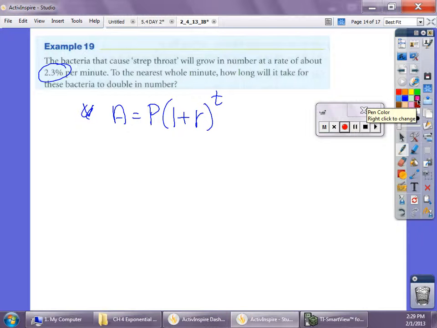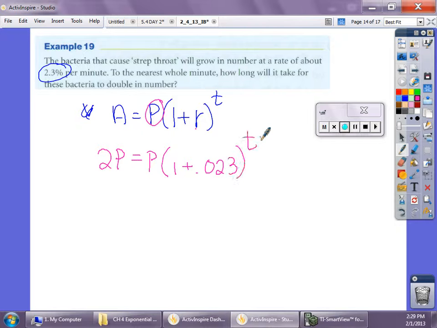In this case, let's call the initial amount P. If the initial amount is P, to double would be 2P. Oh, just kidding, not 100%. What am I talking about? It's 0.023 to the T. So the question I usually get for this type of problem is, they didn't tell us how much we started with.